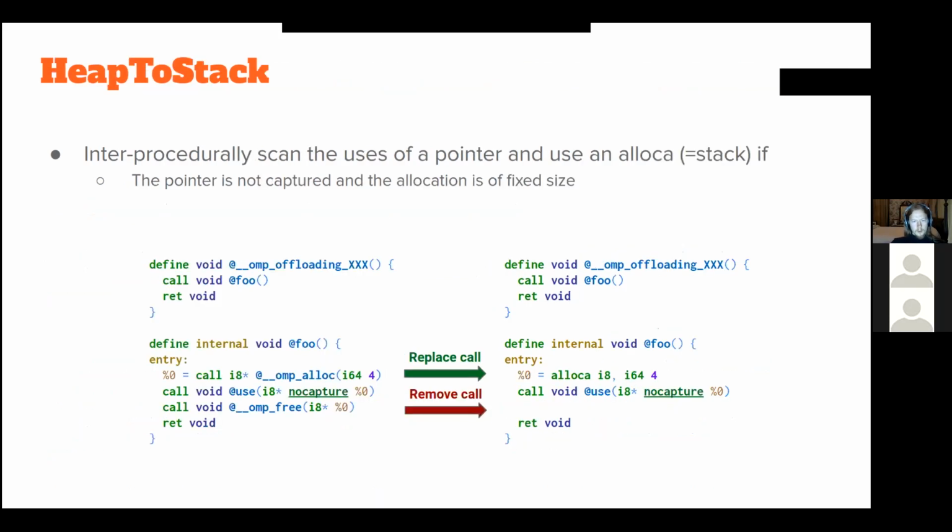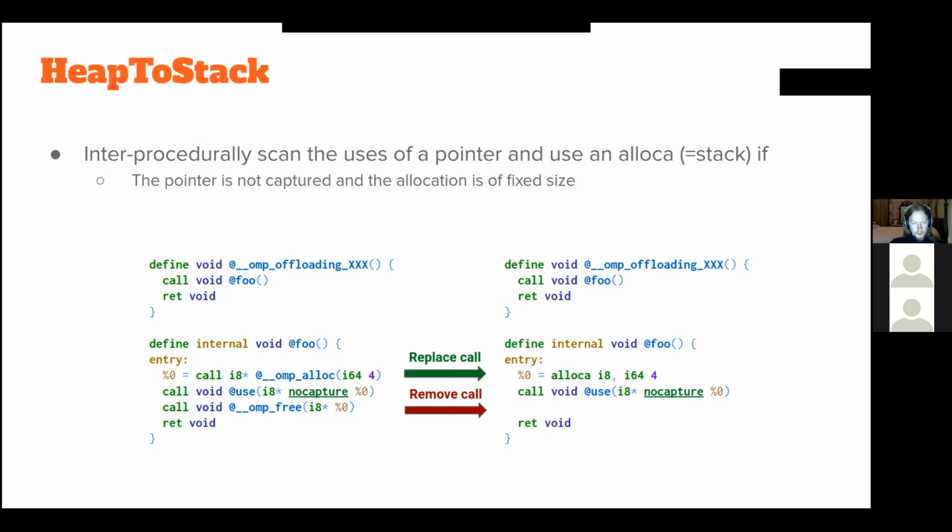So I want to explain a bit more about the heap to stack pass. We interprocedurally scan the use of a pointer, and we can replace it with a simple alloca, which is a stack variable that will be mapped to a register, simply if the pointer is not captured and the allocation is of fixed size. So in this example, we seed the heap to stack analysis on the pointer returned by this OMP alloc runtime call.